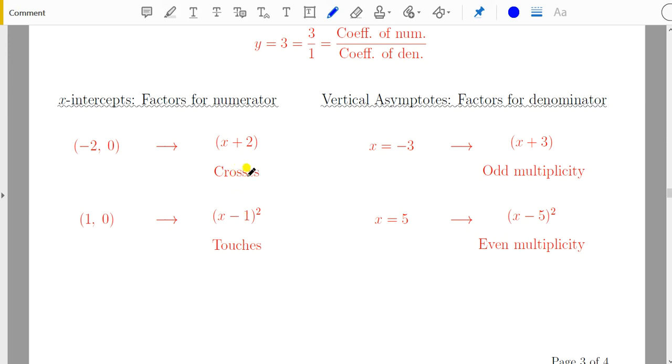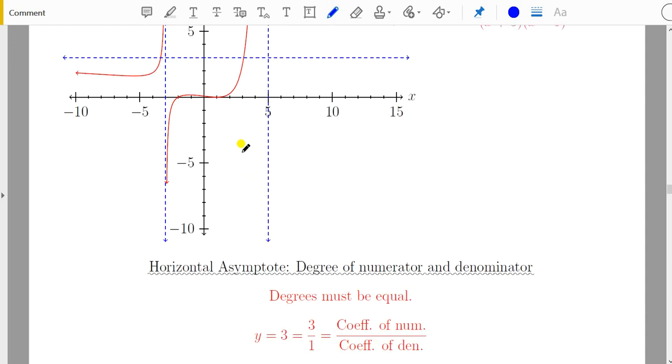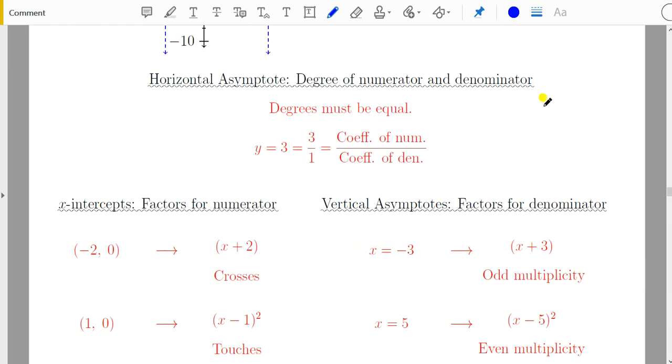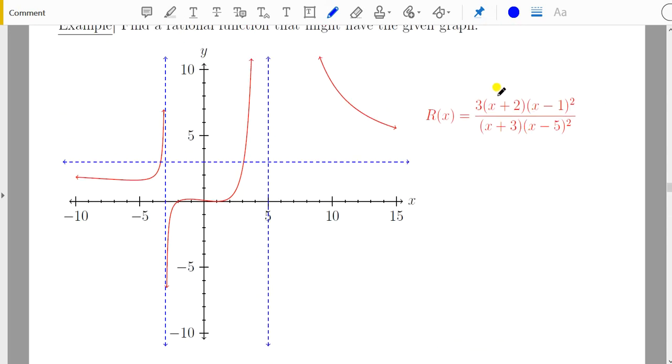Because it's crossing, we have the odd power or the first power, and the touching, we have the even power, the least even power, or the second degree. So we have these as the factors of the numerator. So I have x plus 2 and x minus 1 squared. So this comes to the numerator for the x-intercepts.